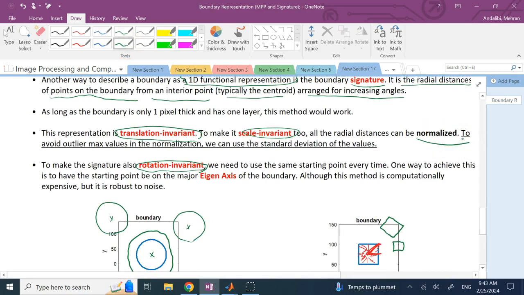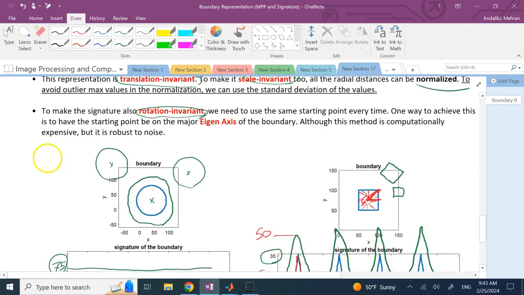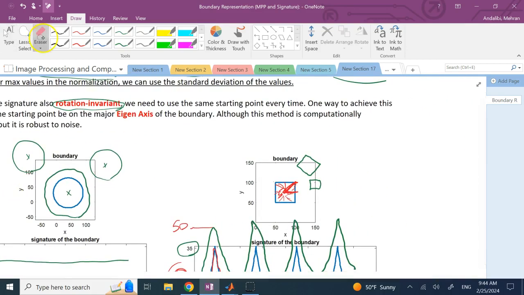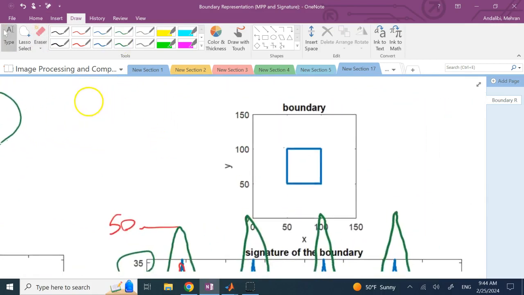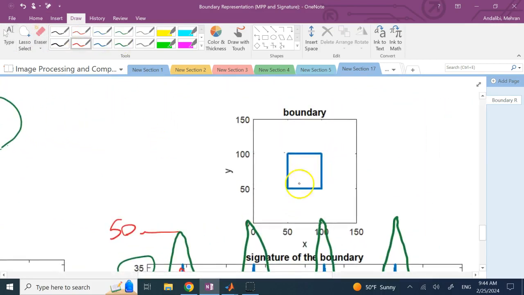Now, one thing important is, if the edge map has noise in it, if this boundary has some problems, for instance, in this case it is a square, but one pixel here is missing. Instead, you have a pixel here. So you have all of these blue points, but instead of this red point, your red point is there. There is some noise.